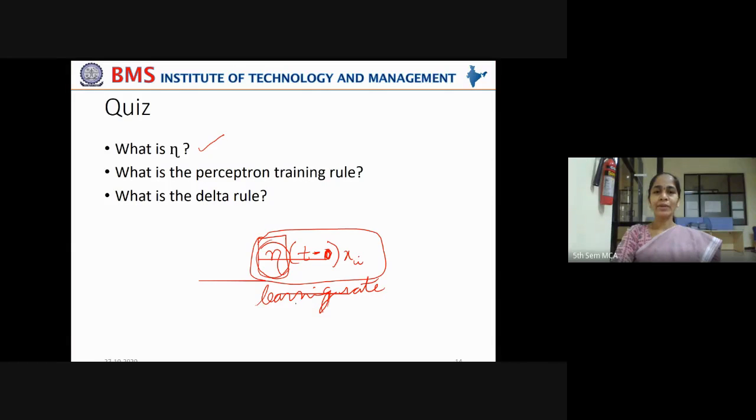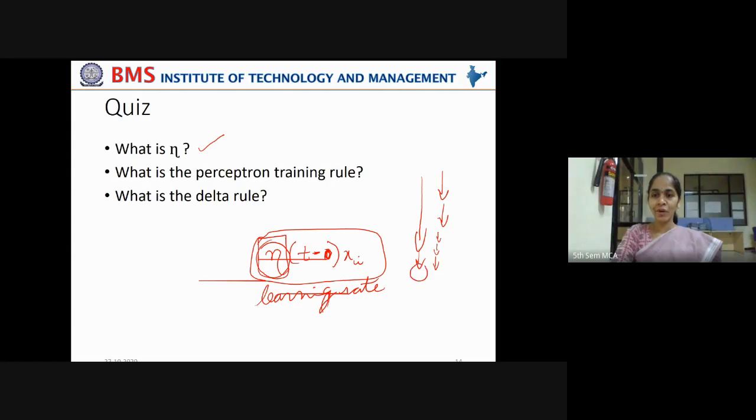Learning rate. Eta is the learning rate. It's a constant, but not constant continuously, right? For every iteration, the learning rate will start reducing. Initially, the learning rate will be high, but as it proceeds, the learning rate will reduce so that it will not cross the destination. It will not miss the optimal solution.